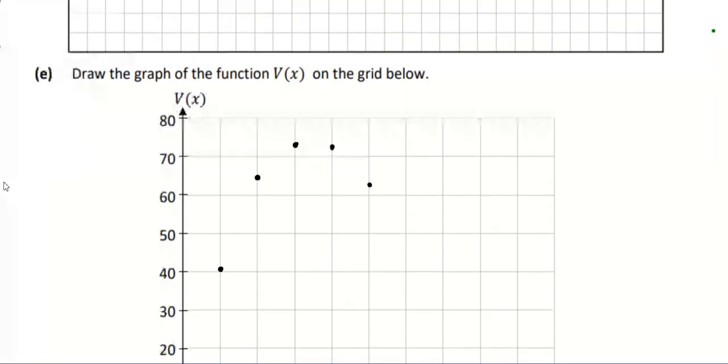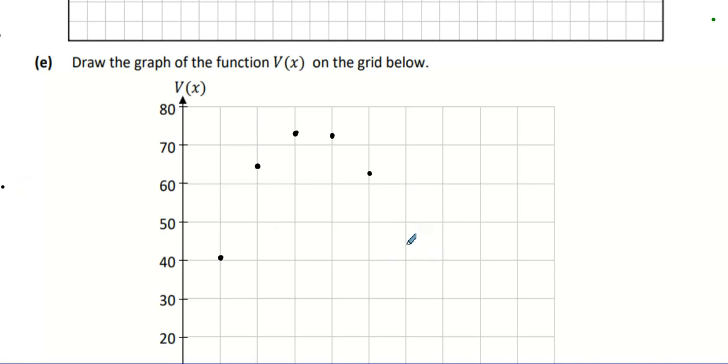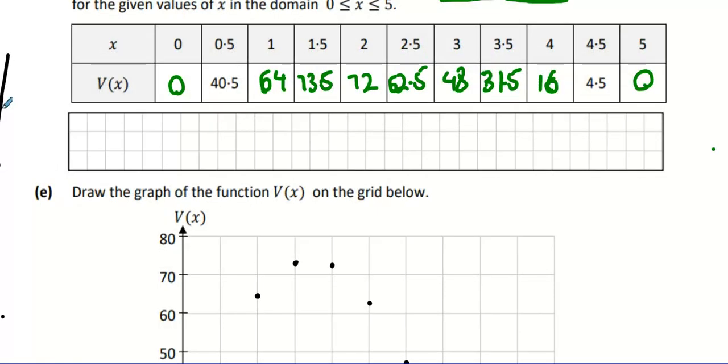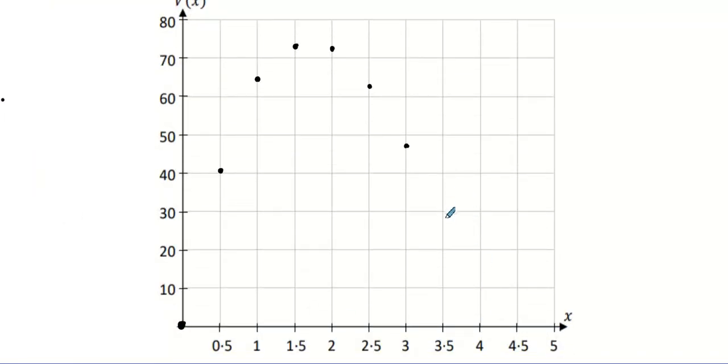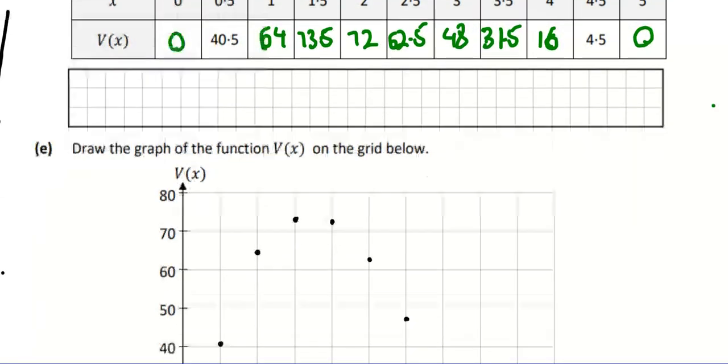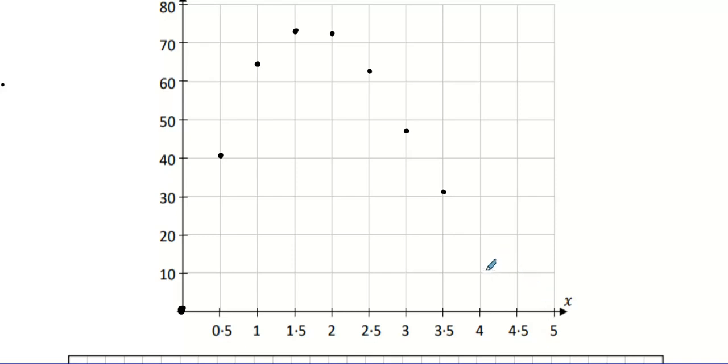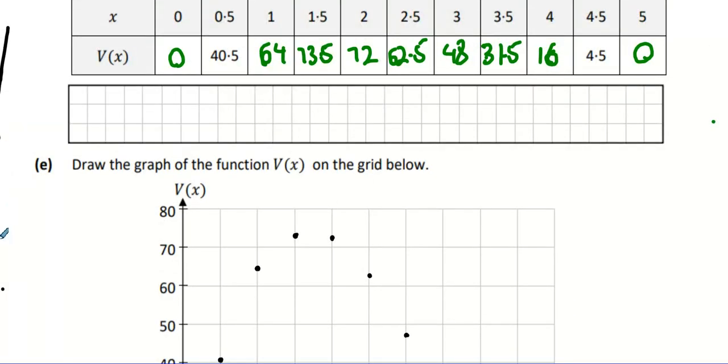Then we're going to go for 3 and 48, just below 50. And then 3.5 and 31.5 out here. And then 4 and 16 out here. And finally 5 and 0.